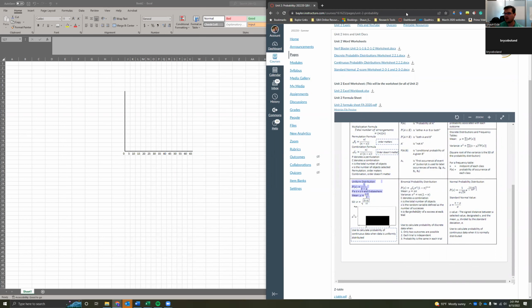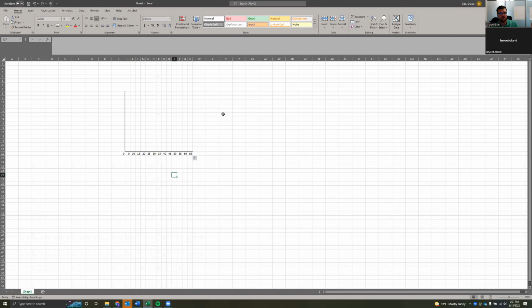The area of all probability distributions, and this is really important, equals 1. So the area of our rectangle is going to equal 1. When we have a normal probability distribution, a binomial, or any kind of probability distribution, the area will always equal 1, and it will account for all possible probabilities.